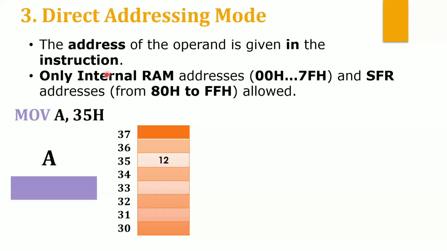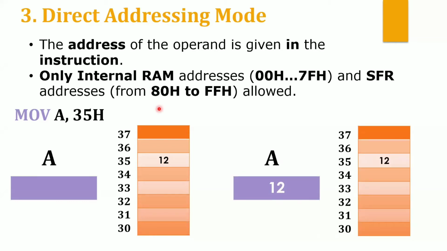No. I told you, whenever you put a hash in front of the number, it is identified as data. If there is no hash in front of the number, that is nothing but an address. That means the value 35 here is nothing but an address. Now in address 35, I have the value 12. So after executing this instruction, what will be the contents of A? The contents of memory location 35 are copied, so A becomes 12. Will the data at location 35 be removed? No, because we are doing a copy and paste.